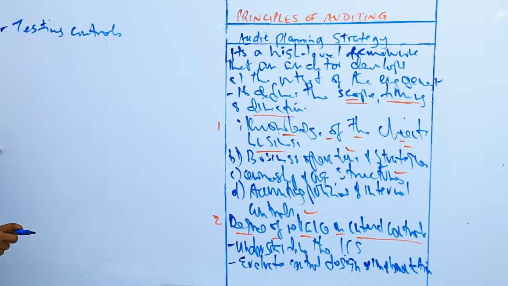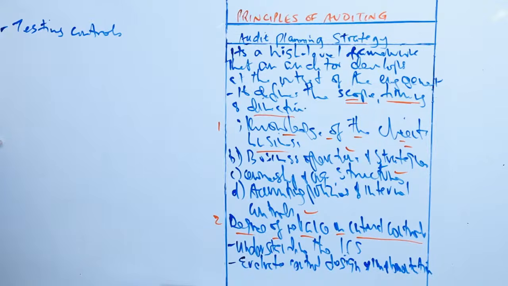You understand, candidates? If controls are assessed as strong and effective, then the auditor may reduce the scope of substantive testing. For example, the auditor will just have fewer detailed transaction checks.